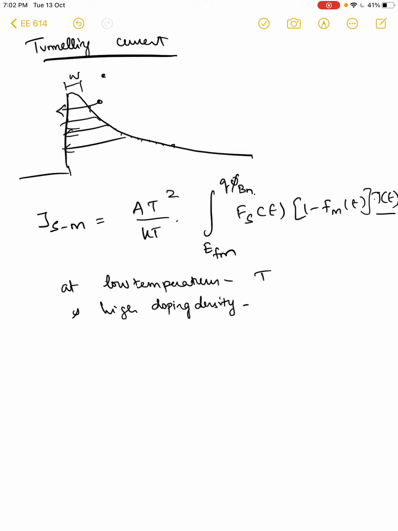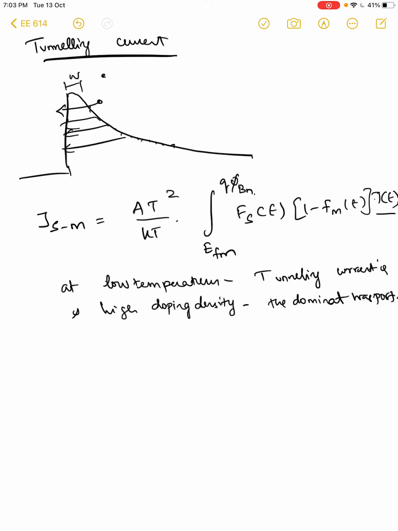As well as the depletion width is much smaller. So you will have a much smaller region in which there is a slope in the conduction band. Under these conditions, your tunneling current is the dominant transport. And in all other regions, mostly at high temperatures, you have thermionic emission, and you have thermionic emission plus tunneling conductance in any region in between.